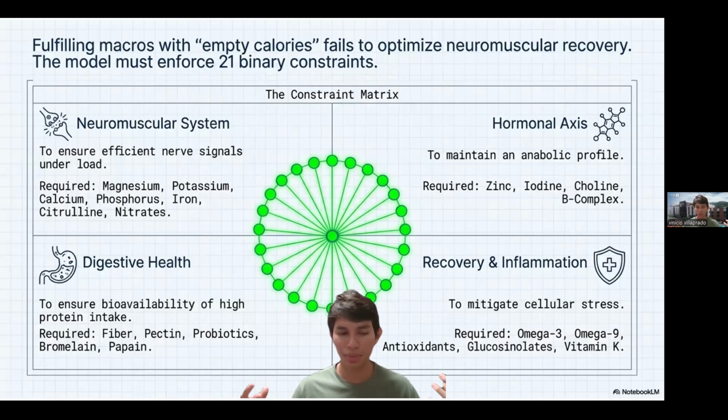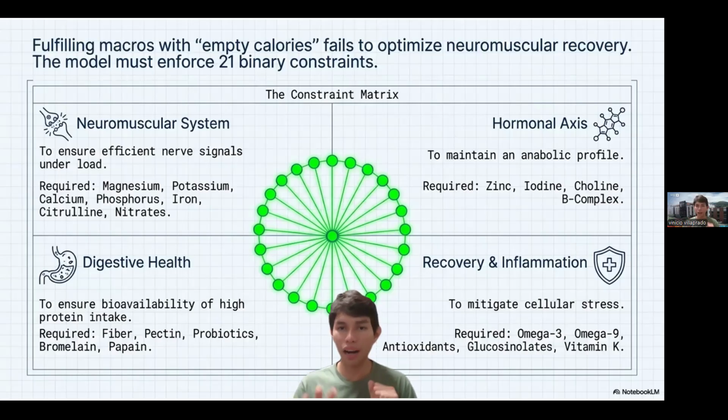Also, I add some constraints for micronutrients, because my body doesn't work just with carbohydrates, proteins, and fats. It also needs minerals, vitamins, and other things.